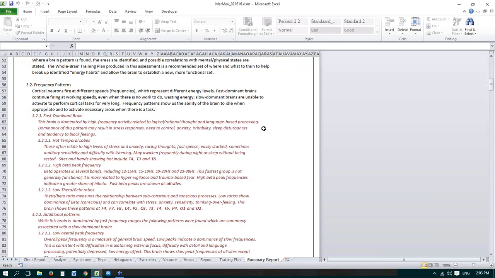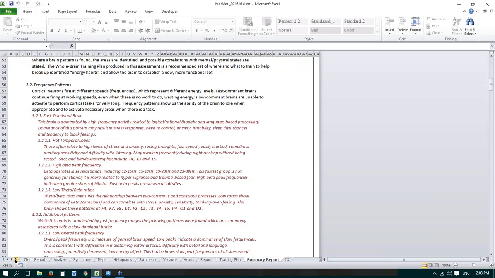It thinks and talks a lot, but he's basically to the point where the stress response, anxiety, control, need to control, and irritability and sleep problems are all issues related to this. And here are a variety of ways that we can see that. And then there are some other patterns as well that are mentioned.